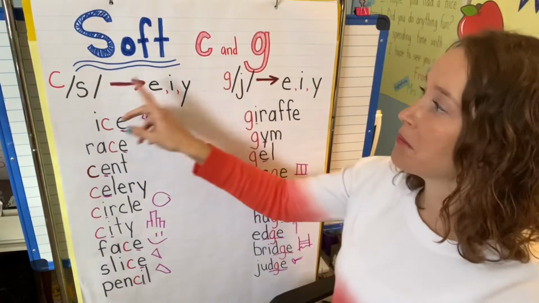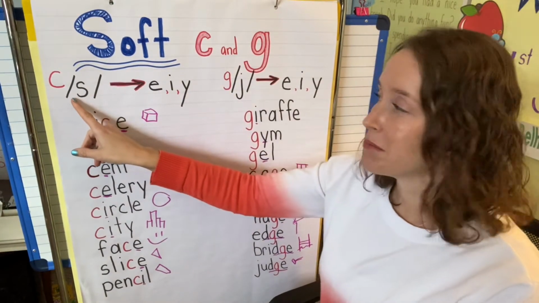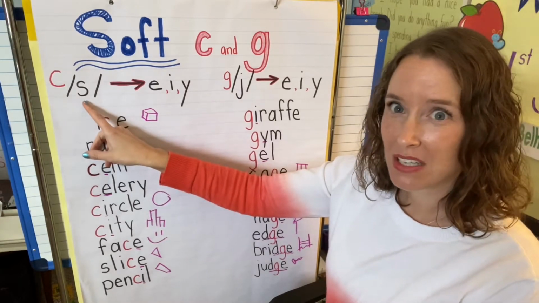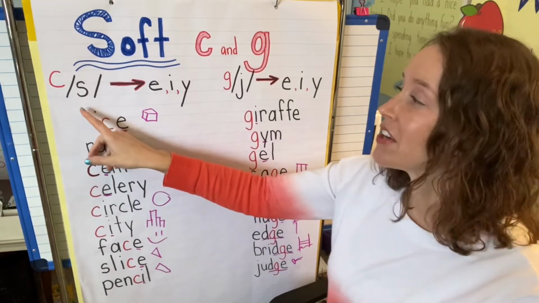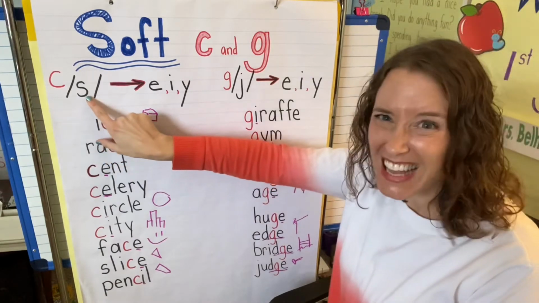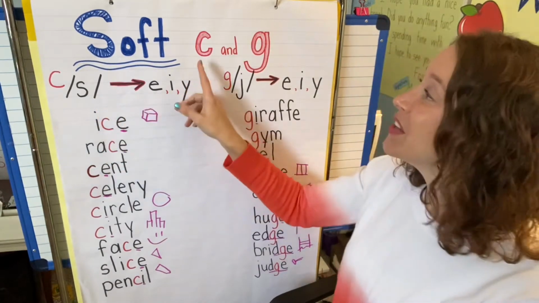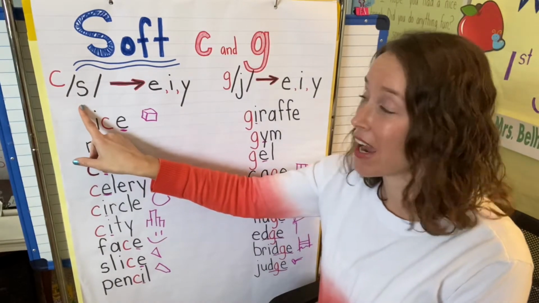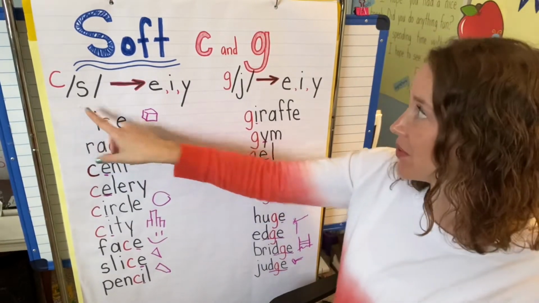So when C makes a soft sound, it makes the S sound. Can you make that sound for me? Very good. And it sounds like that. What's that letter that we know? S. Yeah. Soft C makes the S sound. Sounds just like the letter S. The S sound.